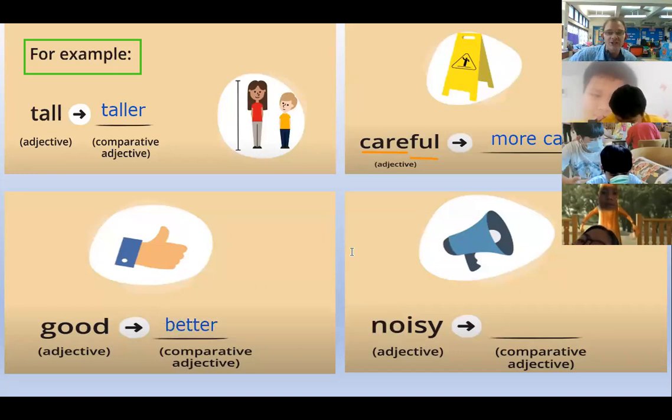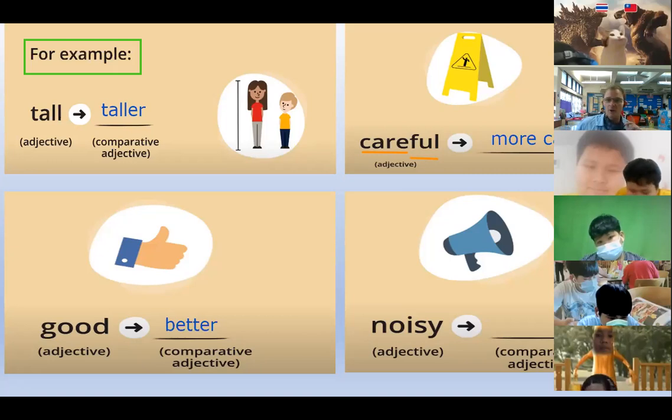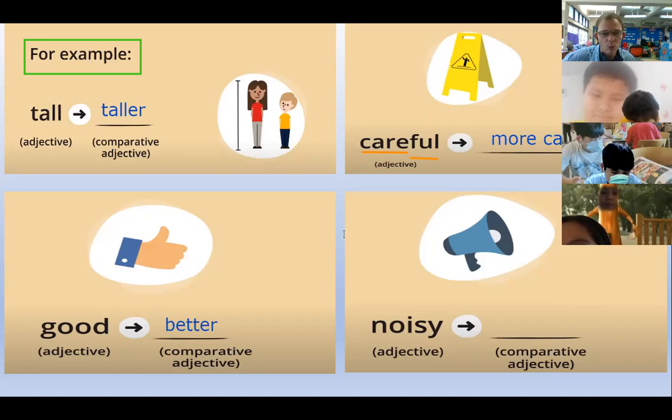What about noisy? How would we write a comparative adjective for noisy? Who can tell me? Noisier. Okay, noisier sounds very good, but how will we spell it?